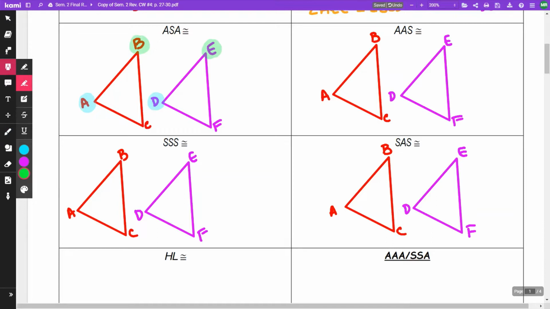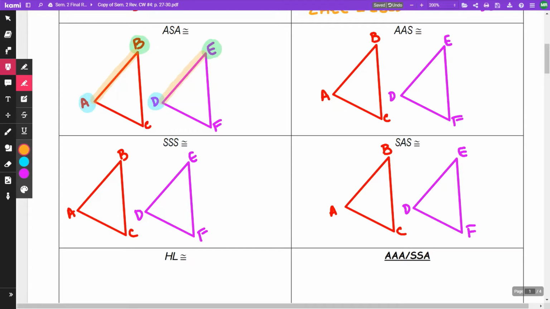Now to make it angle, side, angle, I need to know the side in between. So I would need to know that side. That would be angle, side, angle. And these two triangles would be congruent.